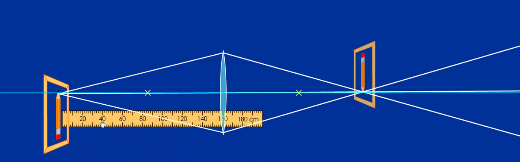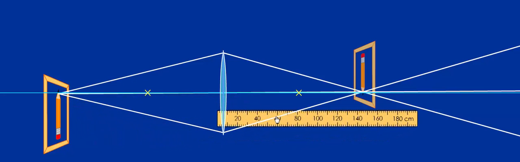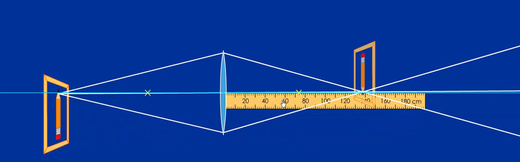All right, measure the new object distance u, and measure the corresponding image distance v. There you go.